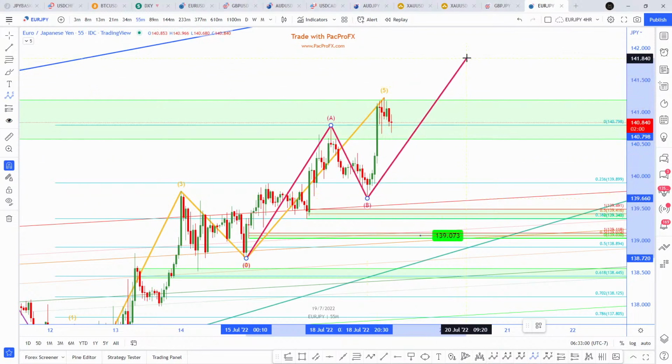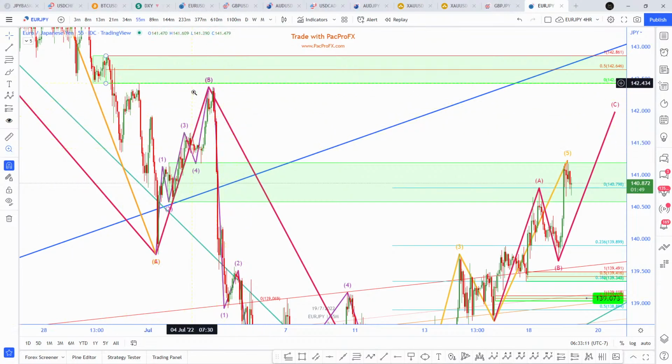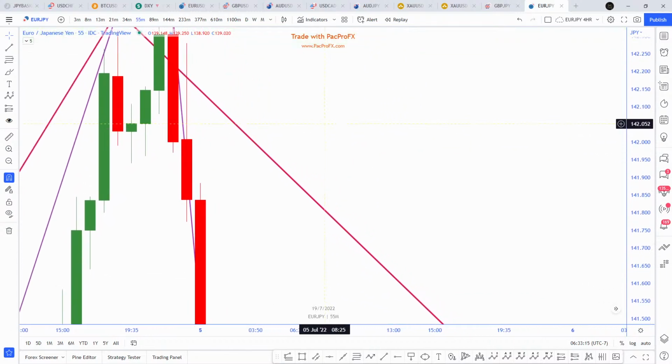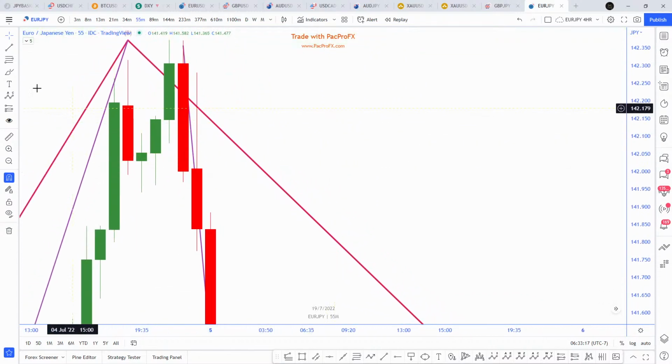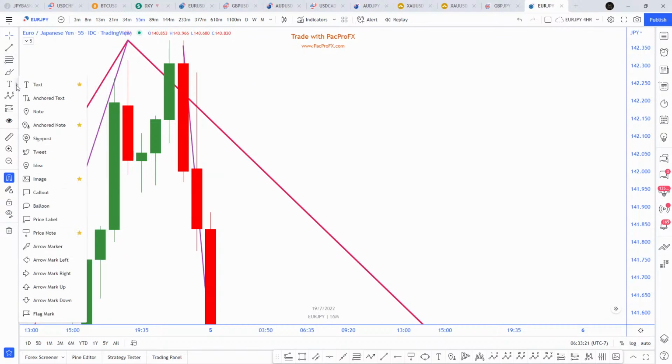And we should be coming back up to probably the 142 area. I'll have to check. Oh, okay. So let's see what we got here. All right, we have 2 supply areas.